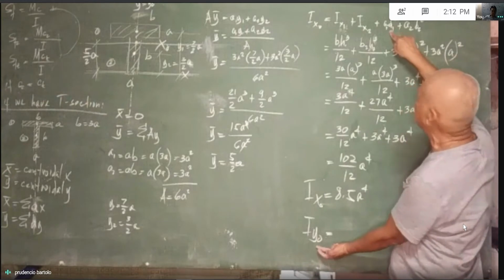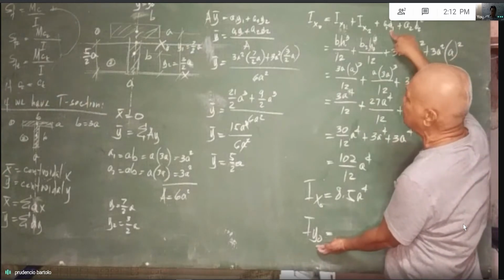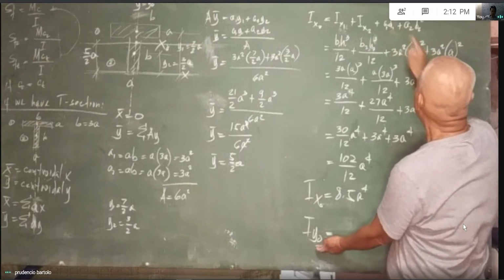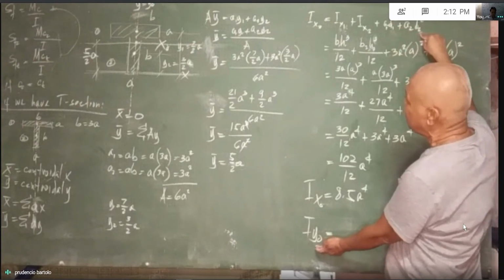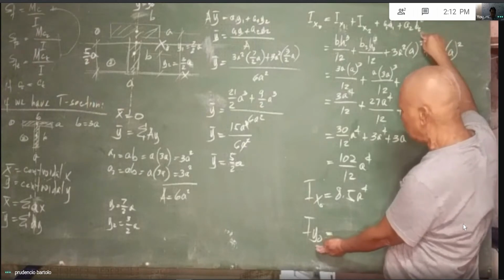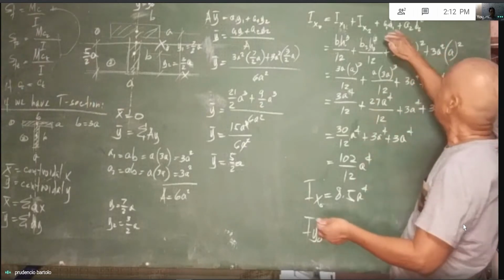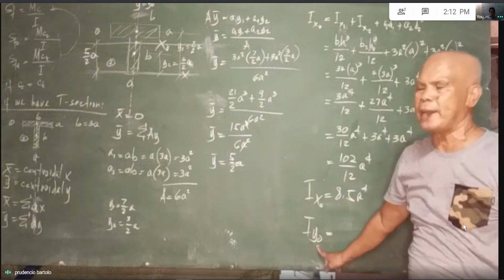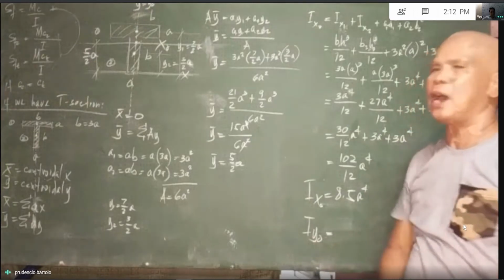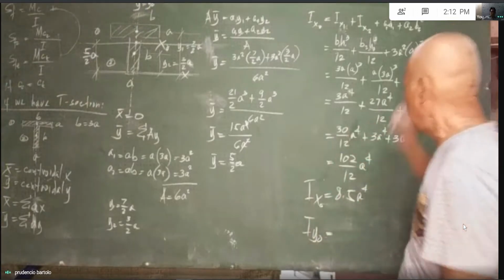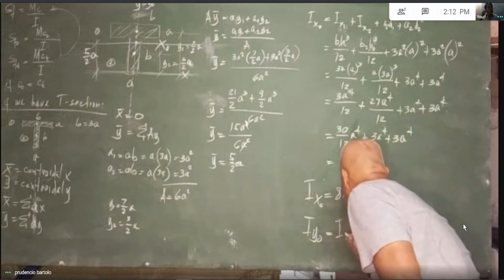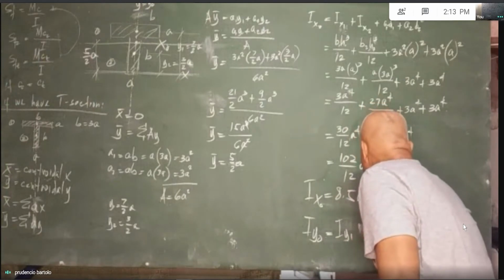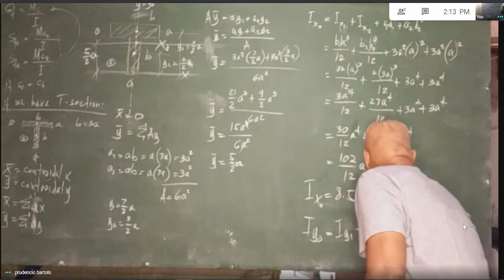Referring to the centroidal y, the element will be 0. So this will become 0. The V2 element will also be equal to 0. So this AB element, considering the centroidal y moment of inertia, will be insignificant. So this will simply be equal to I y sub 1 plus I y sub 2.